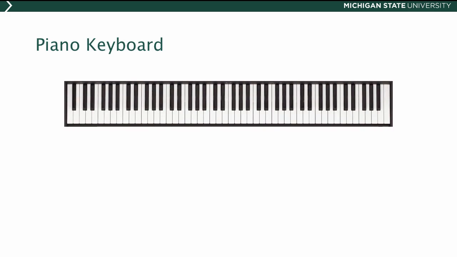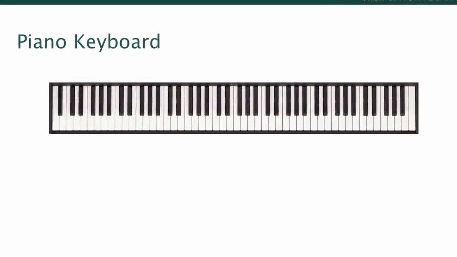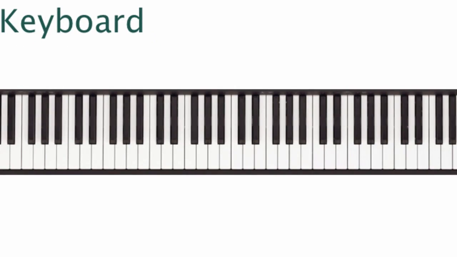We have already seen how the piano keyboard clearly shows its almost 8 octaves with white keys separated by a repeating pattern of 2 and 3 black keys. Each octave contains 12 notes consisting of 7 white keys and 5 black keys on the keyboard. The interval between each white key and its neighboring black key, or between 2 white keys without a black key, is a half step, which sounds like this.